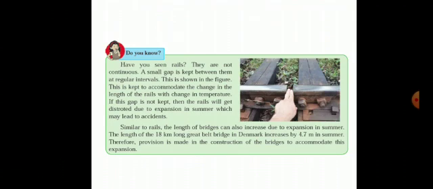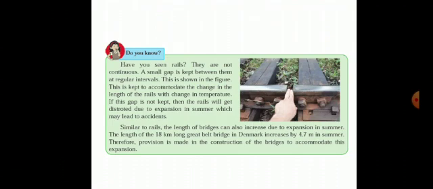Children, have you noticed that the railway tracks are not continuous? A small gap is kept between them at regular intervals. This is kept to accommodate the change in the length of rails when there is a change in temperature.